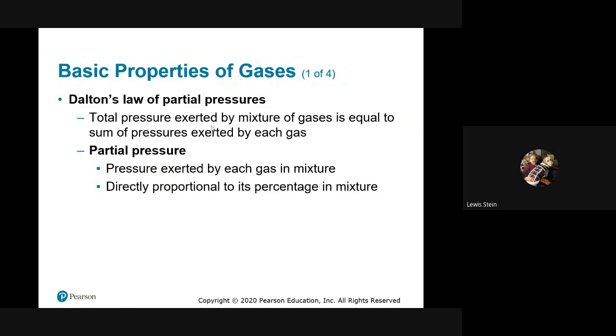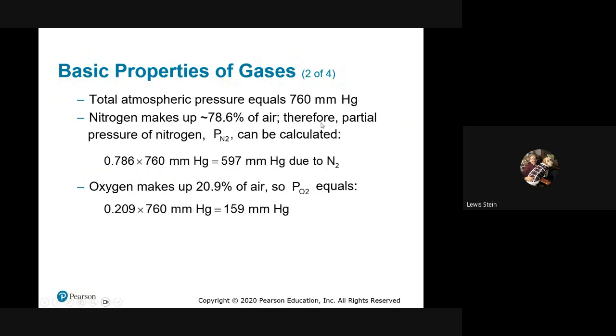Is that a name you've heard before? Basically, we all know what it means. We can use partial pressure of gases to represent concentration. That's all. And we basically live in an 80-20 environment, so that's 760 millimeters of mercury, or 1 atmosphere, roughly 80% nitrogen, 20% oxygen.